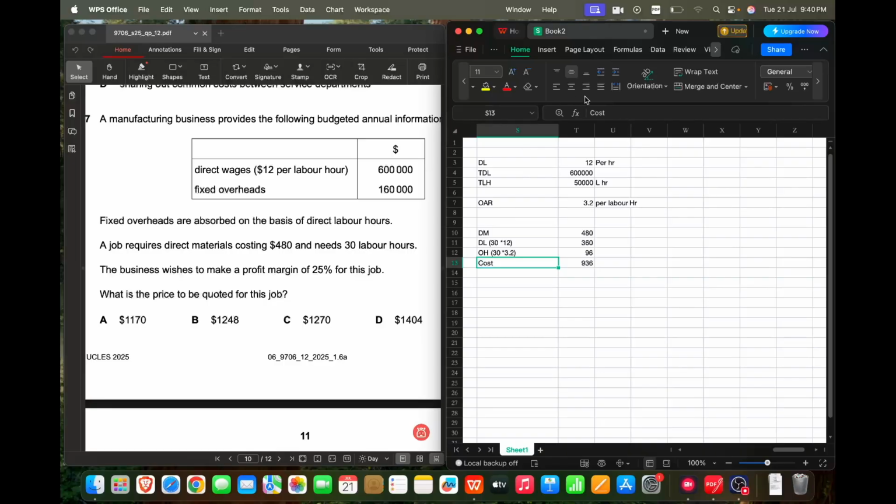But they are not asking you about the cost. They are asking you what is the price to be quoted. So in this, if we add profit, which is 25% margin, then we can calculate my quotation price.